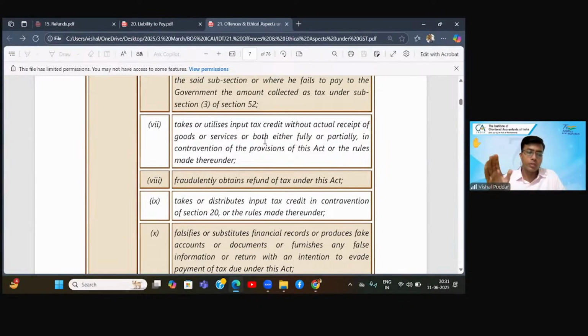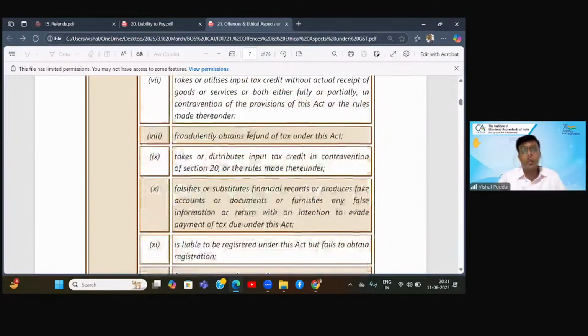Now all this was relating to your outward. Now coming to inward. You take or utilize input tax credit without actually receiving the goods or service either fully or partly. So again, a bogus ITC. Why bogus? Because where you have not received any goods or service, there is no question of any ITC. But you have taken it, it means it is a bogus ITC.